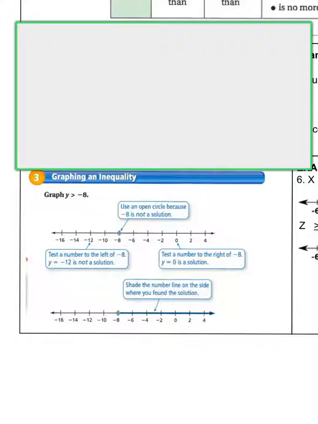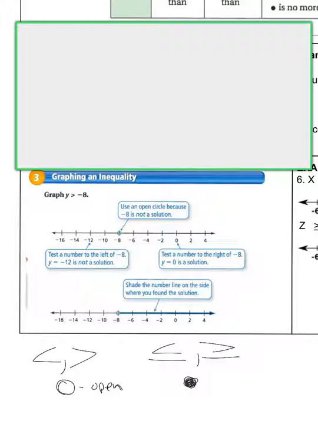The reason I have an open circle is because, and you should definitely add this to the bottom of your notes, less than and greater than are represented with an open circle. Less than or equal to and greater than or equal to are represented with a closed circle. So when you are graphing, if you have one of these symbols, it's an open circle. If you have one of these symbols, it's a closed circle.